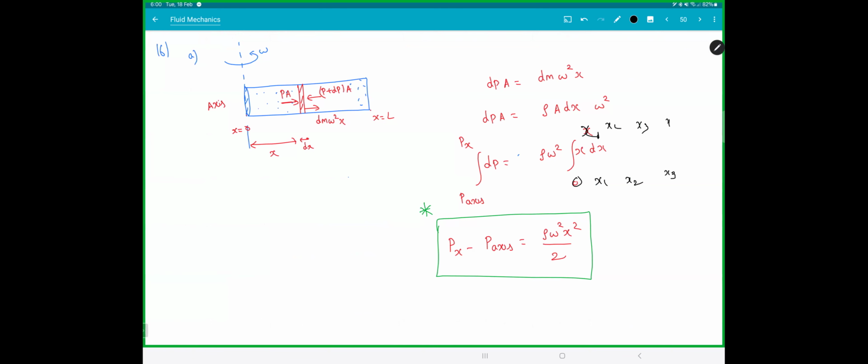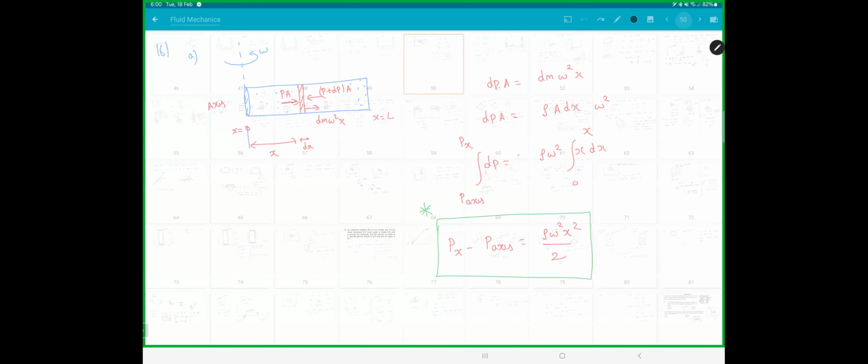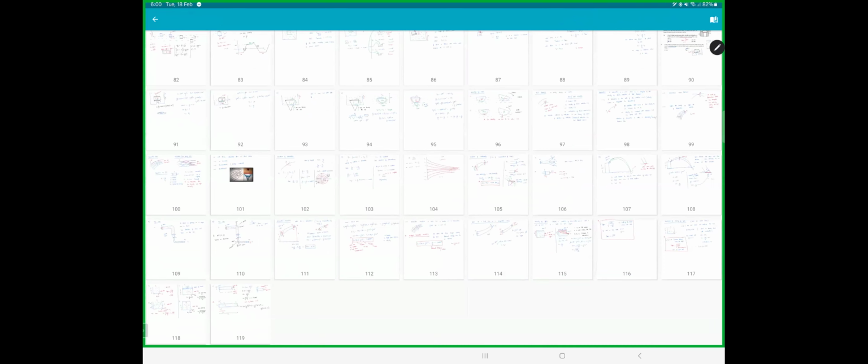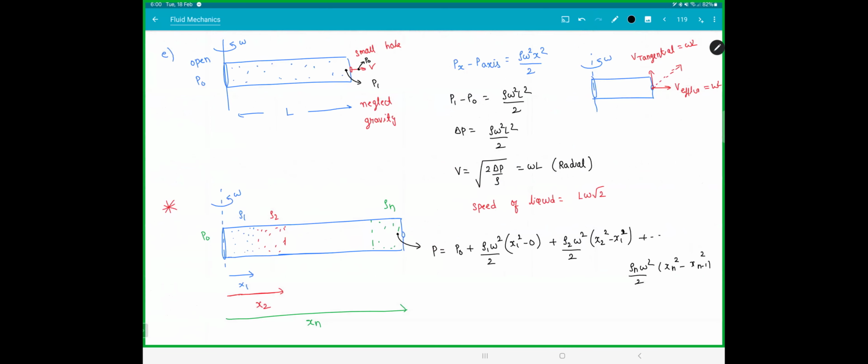So that pressure difference will keep on adding. So we will get it like this. And delta P will be P minus P naught. And the velocity of efflux will be root over 2 delta P by rho n, the liquid coming out.